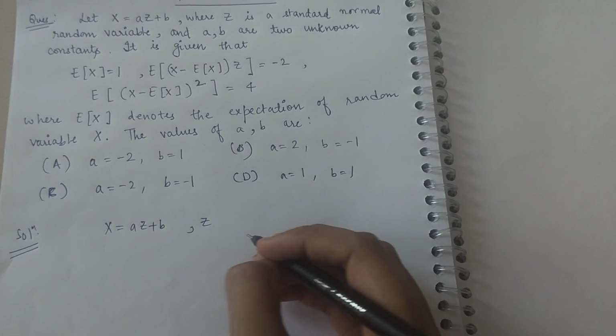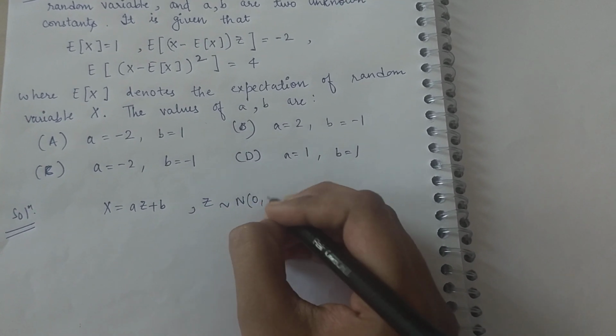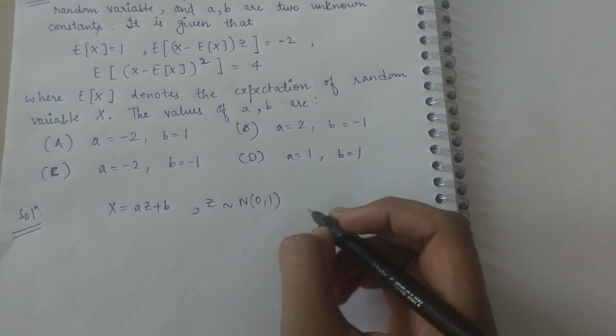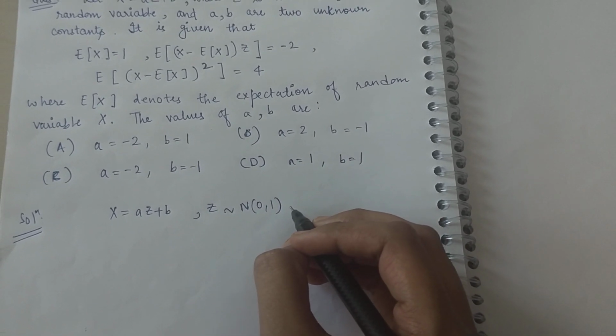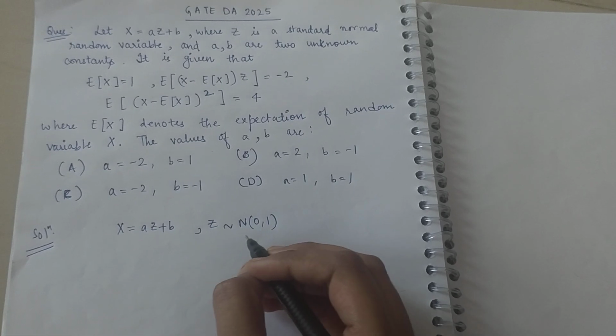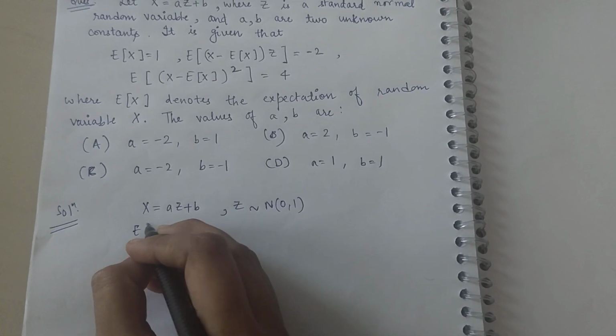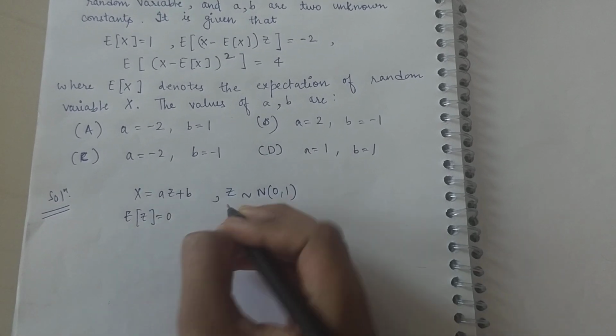Also we are given that z is a standard normal random variable. So we know the mean and standard deviation for a standard normal random variable. It is 0, 1. So we know the expectation of z, and basically expectation of z is 0.